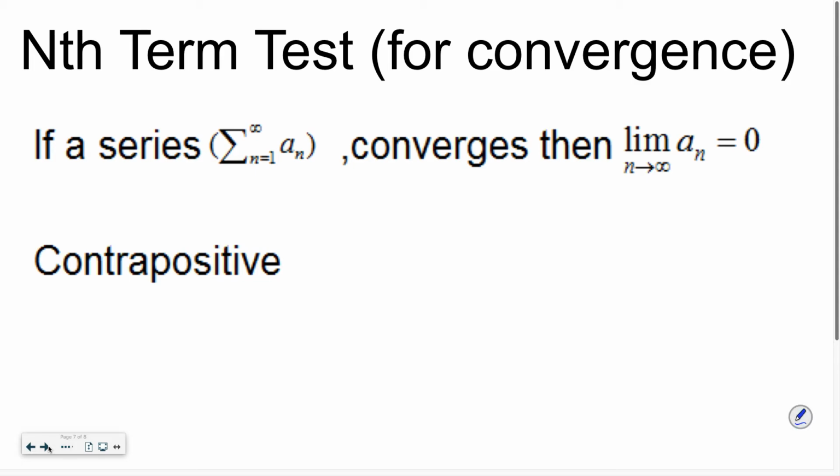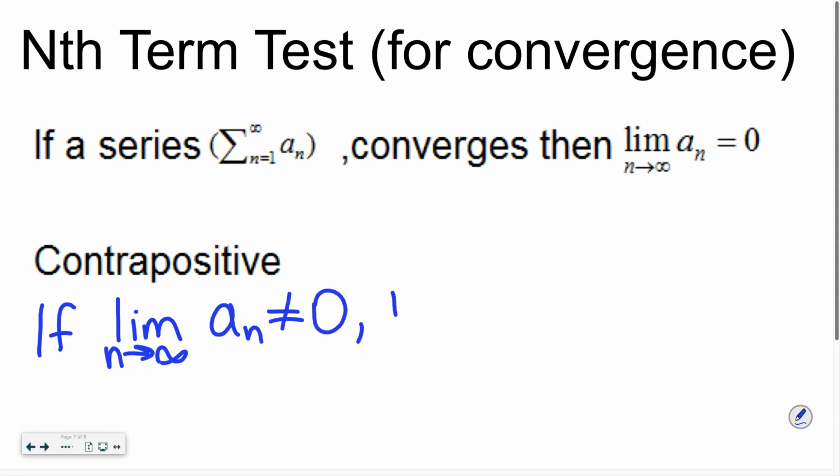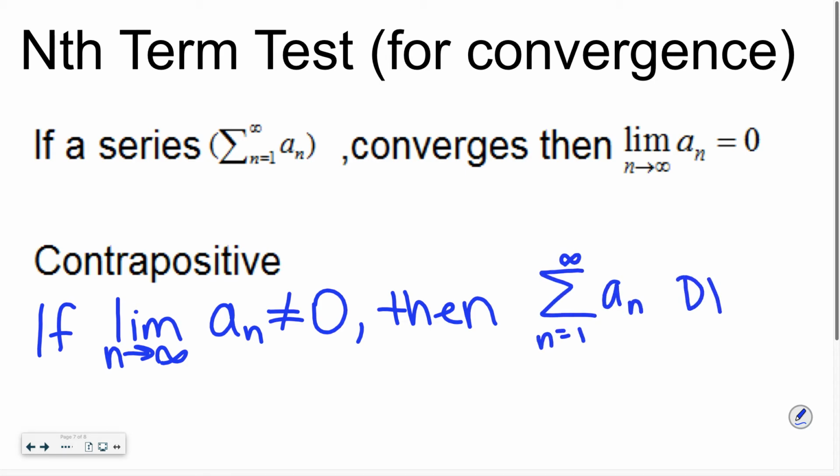Okay. If not B, if the limit as n approaches infinity of our sequence is not 0, then not A. Then our series diverges.